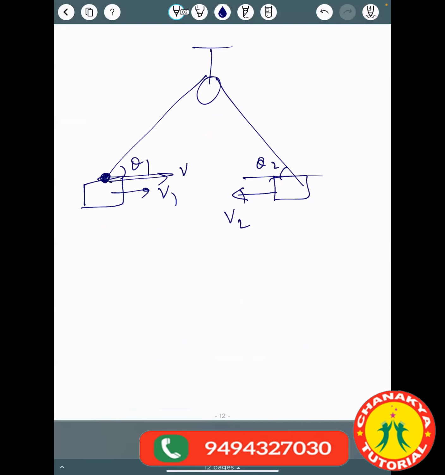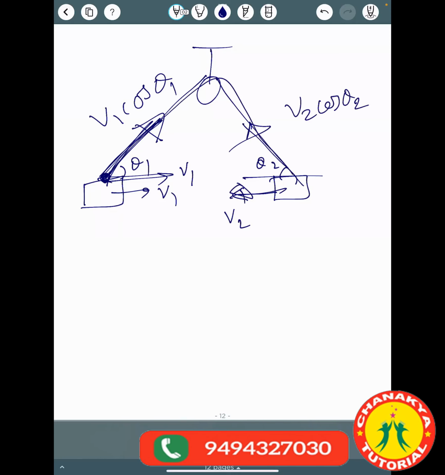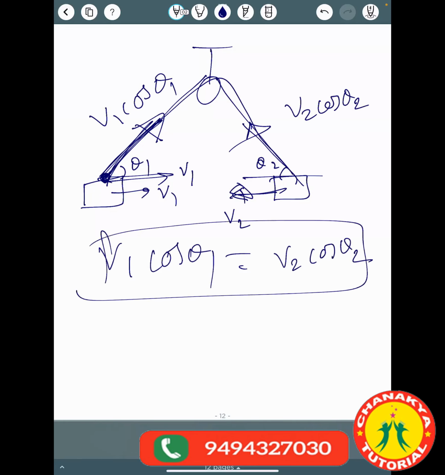This is moving with V1. So what will be the component of V1 along the length? V1 cos theta 1. Similarly, the component of V2 along this is V2 cos theta 2. If you don't want it to break, it should be the same. So V1 cos theta 1 should be equal to V2 cos theta 2. Understood?